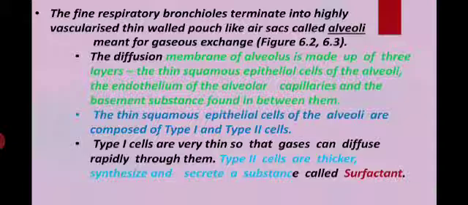The first, type 1 cells, are very very thin. Type 2 cells are thicker. The type 2 cells synthesize or secrete the substance commonly named surfactant. This is very important.